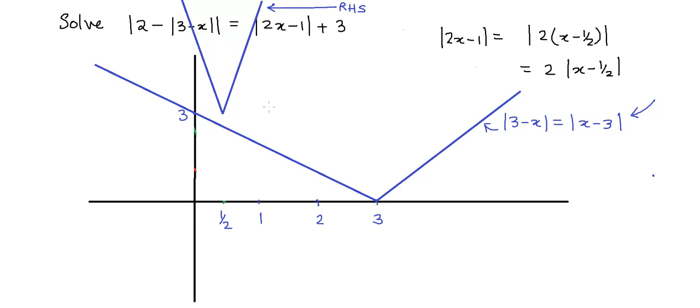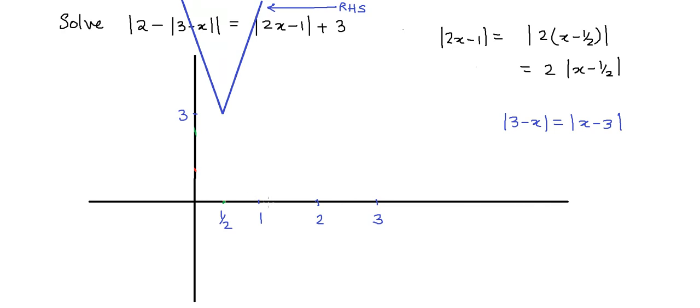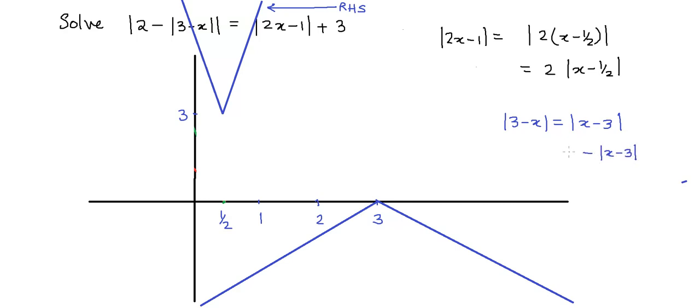Then what we really want is minus absolute value x minus 3. So what is minus absolute value x minus 3? Let's go back, take it away and draw it on the other side because it's negative, so we'll draw it down. What we really want is 2 minus absolute value x minus 3, on the left hand side.